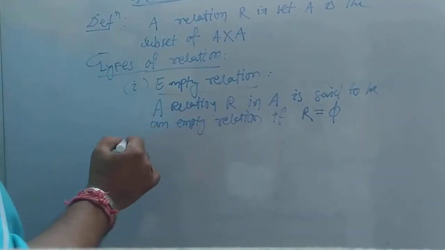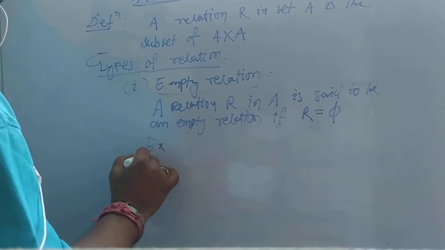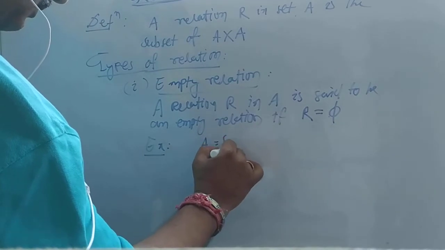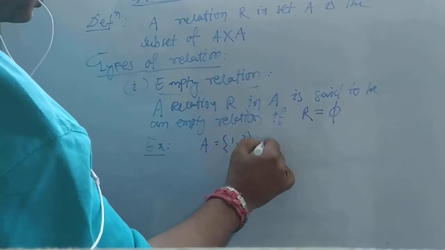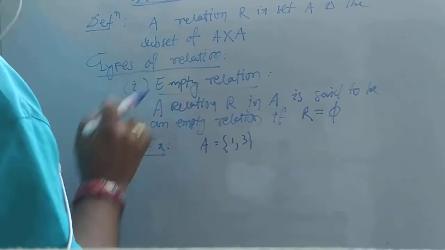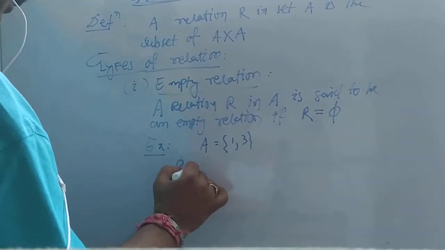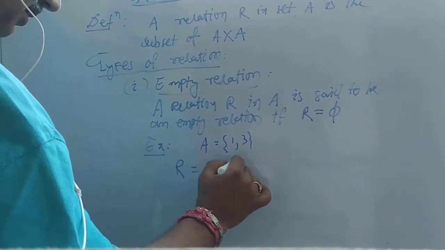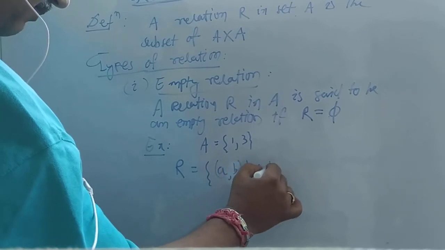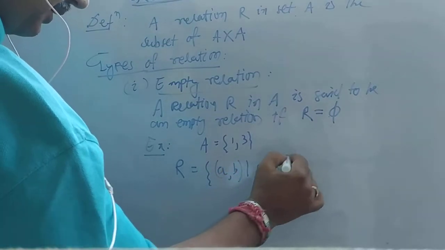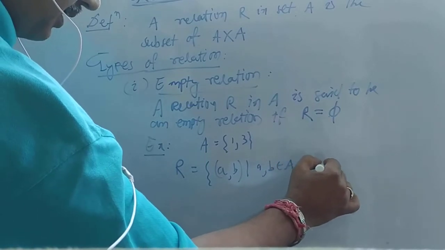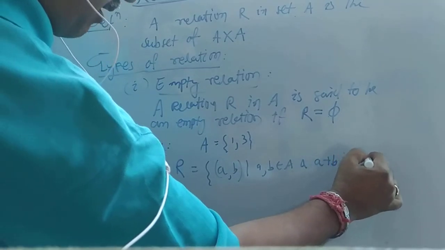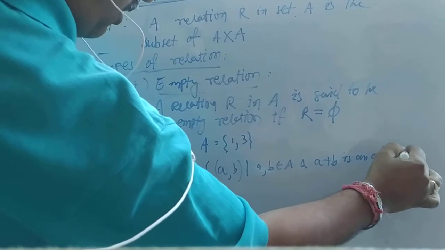That is, for example, let us take a set A = {1, 3}. And R, I will take one relation (a, b) such that (a, b) belongs to A and a + b is an odd number.